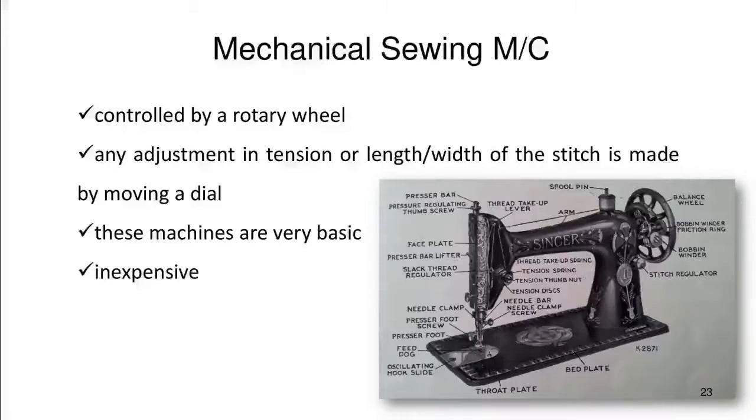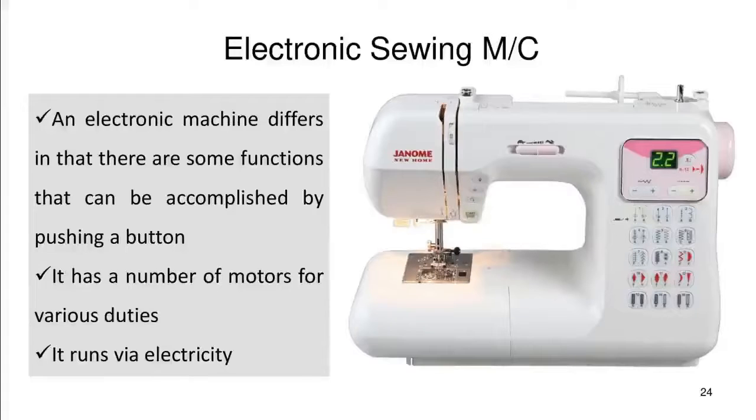We go to slide number 24, electronic sewing machine. This looks very swanky and has a lot of buttons with a digital meter, with the help of which you can make changes to the stitch length and the stitch width and different kinds of permutation and combination of zigzag or filling of the stitch area, etc., with the press of a button.